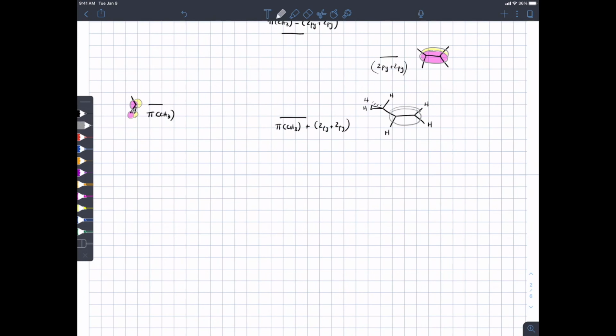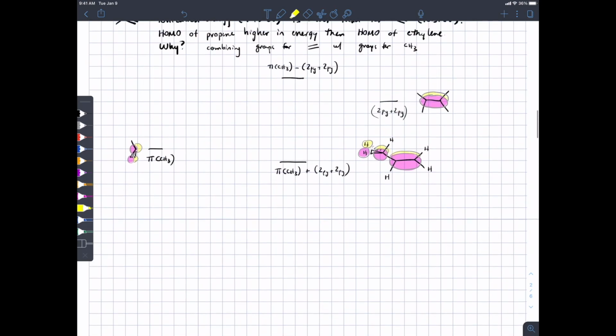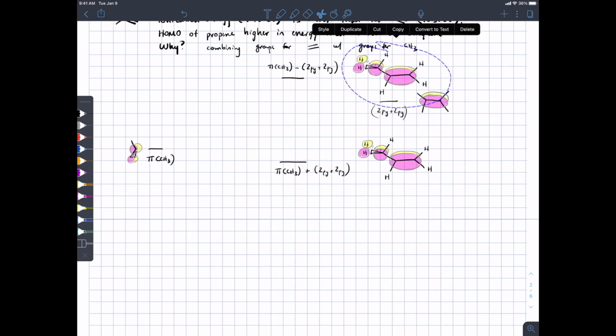This is the in-phase combination. And then this would be the out-of-phase combination.